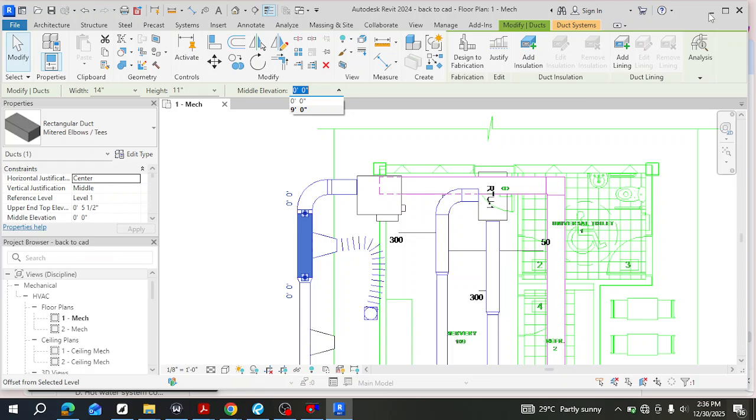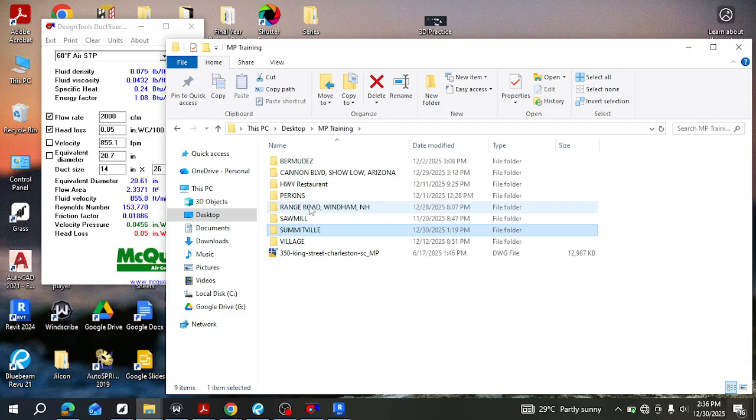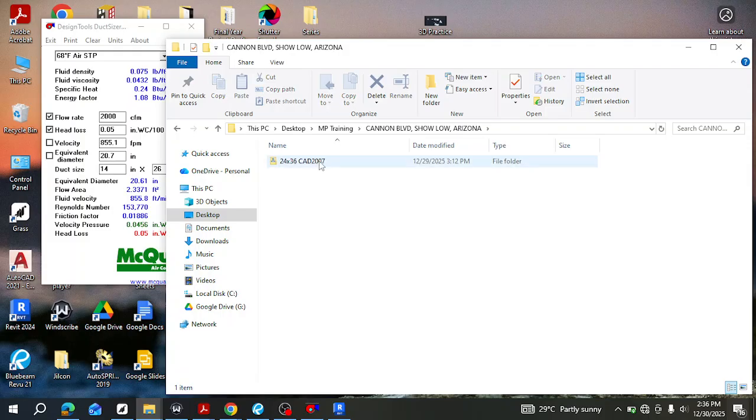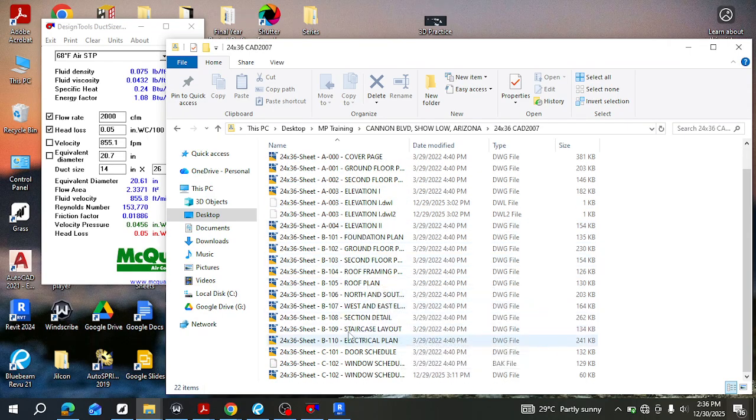Okay, let's just go over the assignment I have in mind for you before I leave. So there are two. One residential building and one commercial building. This one is the residential building, and I promise you it's going to be an experience.